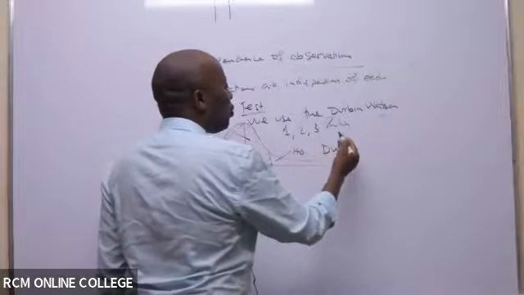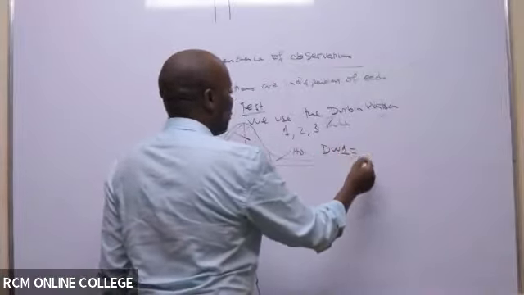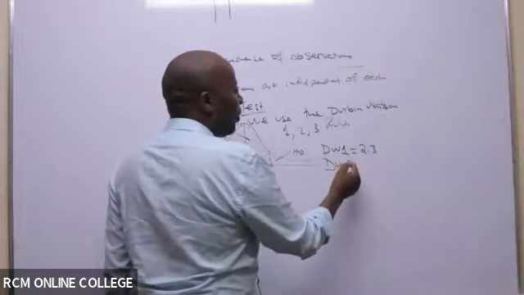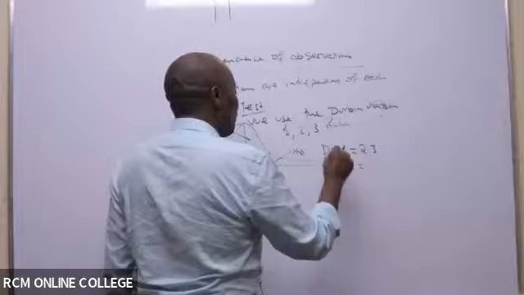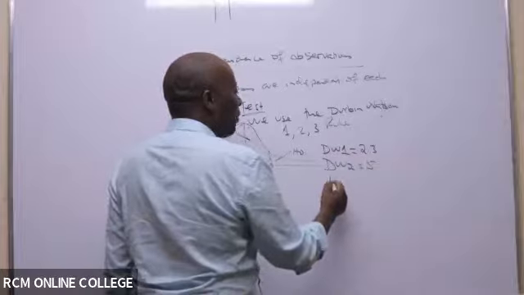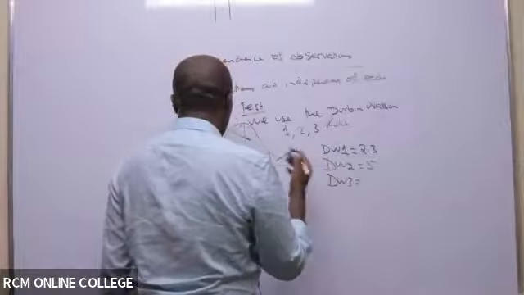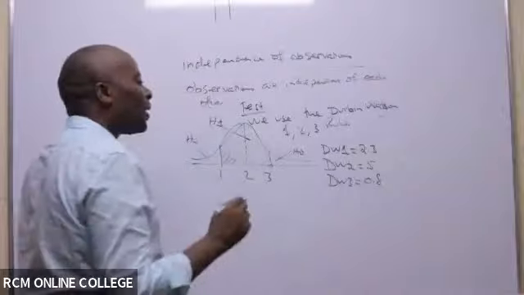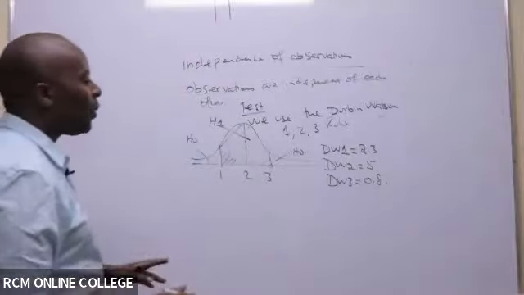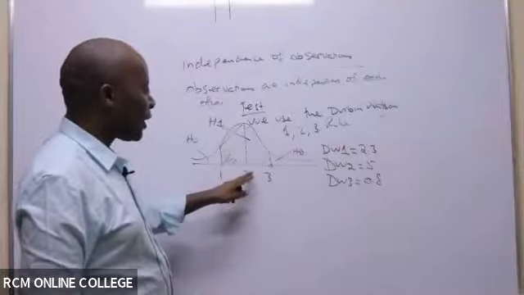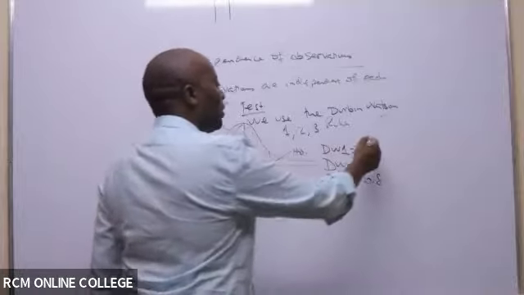You will be given two models. Like the first model, for example, Durbin-Watson could be 2.3. For model 2 it would be like 5. And for model 3, the Durbin-Watson will be 0.8. So please listen. Where is 2.3 significant? 2.3 is somewhere here, so it means that this is good.